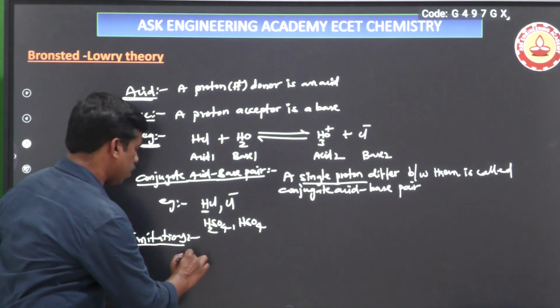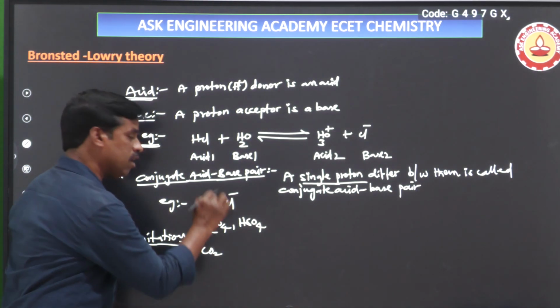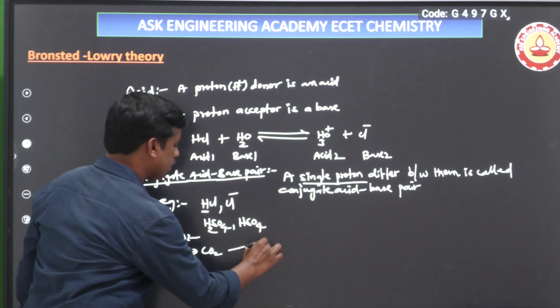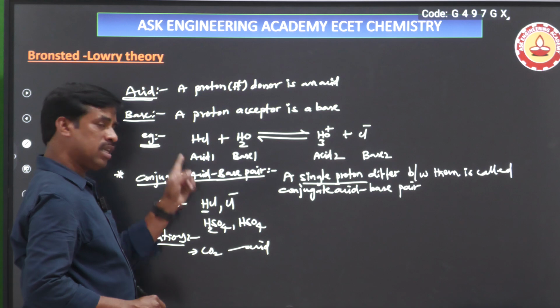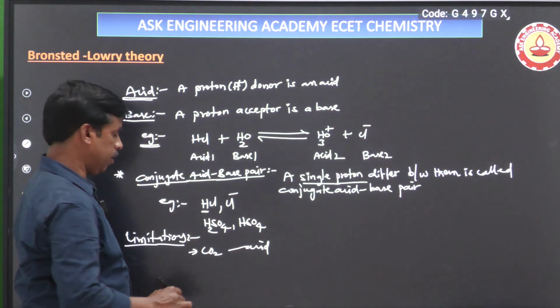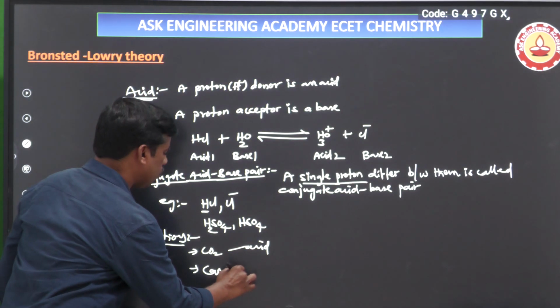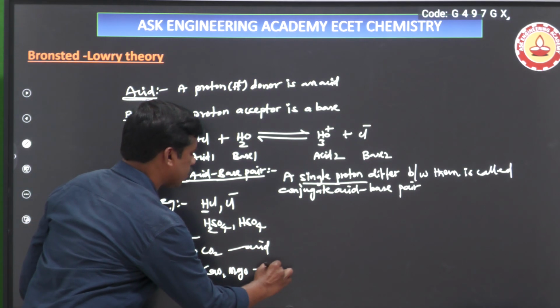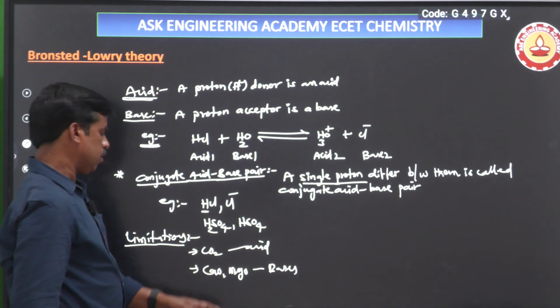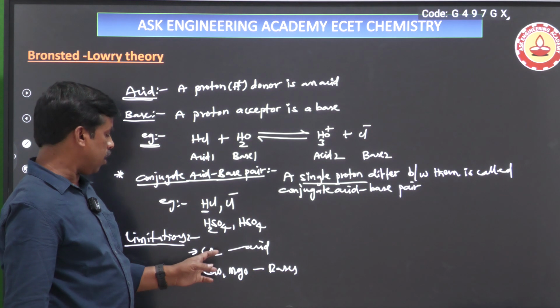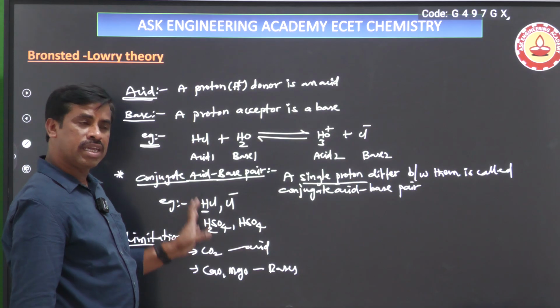For example, carbon dioxide can act as an acid, CO2 acts as an acid, but this theory cannot explain it. And also CaO, MgO can act as bases, but this theory cannot explain that either.